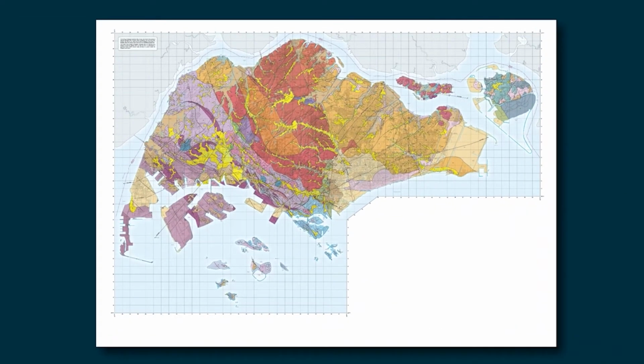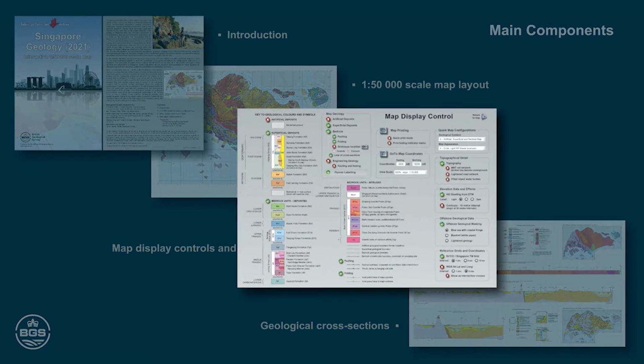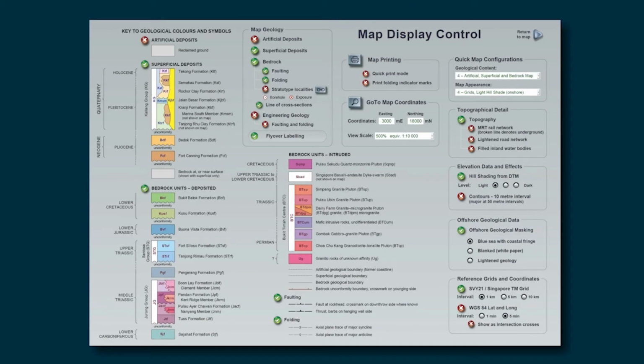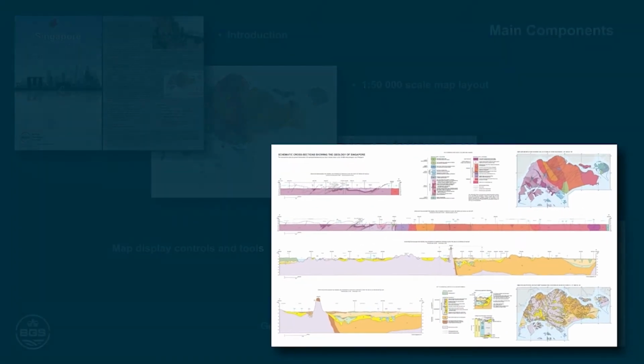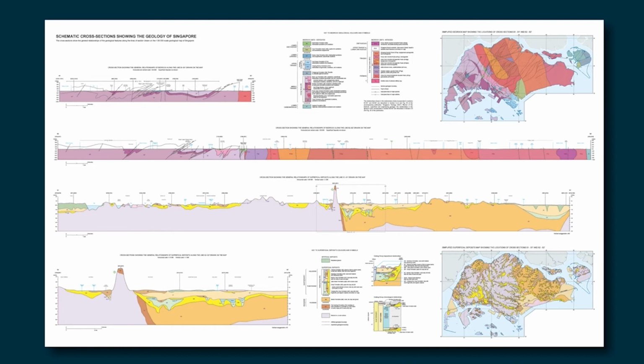There's the map face layout, obviously. The control palette where you can configure the content of the map and display. And also includes some geological cross-sections.